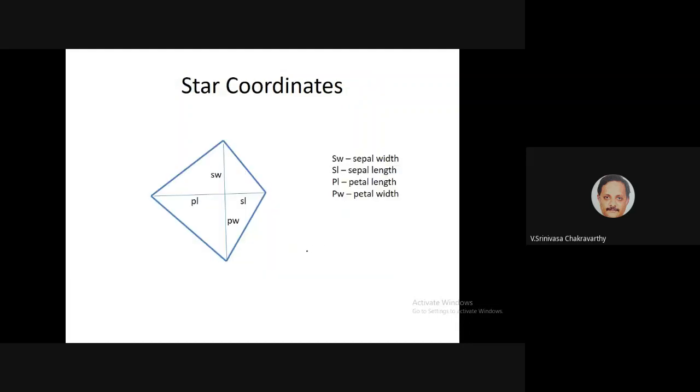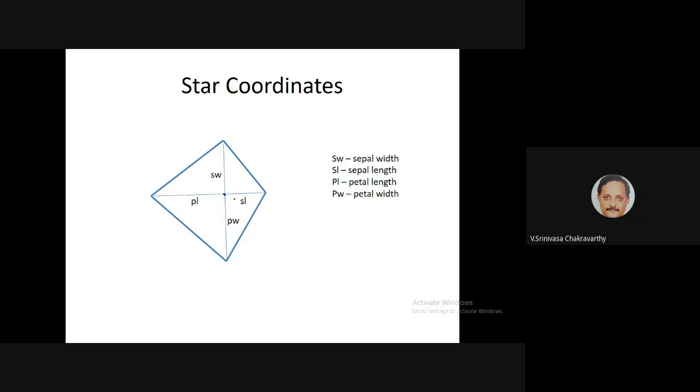Another example like that is what is called a star coordinate. But with the star coordinate, you can only depict one data point and all its dimensions. How do you do that? Here you have 4 dimensions. The way you draw it is, take a coordinate system which has 4 axes, meaning 2 axes, x plus, x minus, y plus, y minus.